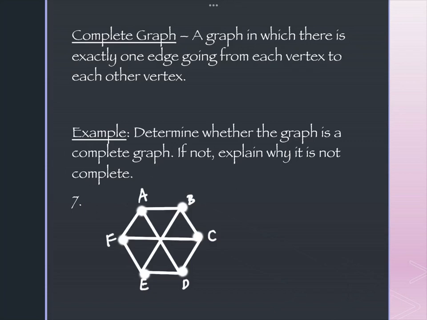So this is like flying in an airplane, if you've flown before, and you've got no connecting stops. You don't have a connecting flight. It's a direct flight. There is no direct flight from A to C. I would have to have a connecting flight through B or through D or something else, right? I would have to get there through some other location. So this one is not complete.